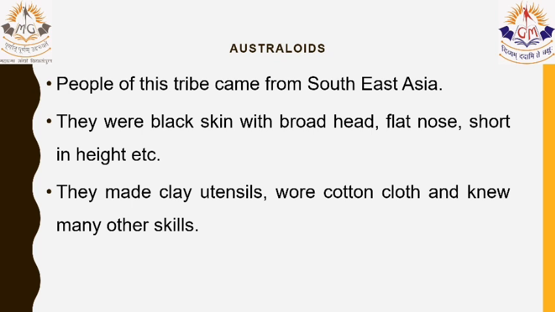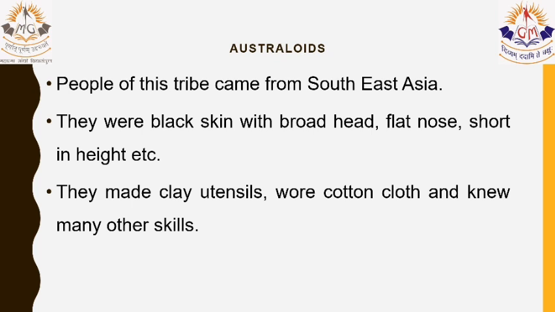That means they knew how to use mud and clay and dry them in the sun and make clay utensils for serving as, say, dishes, bowls, or just for storing a little amount of water, or storing some juices, etc. So by this time they had developed their skills, and they were already making and using clay utensils, plus they wore cotton cloth.